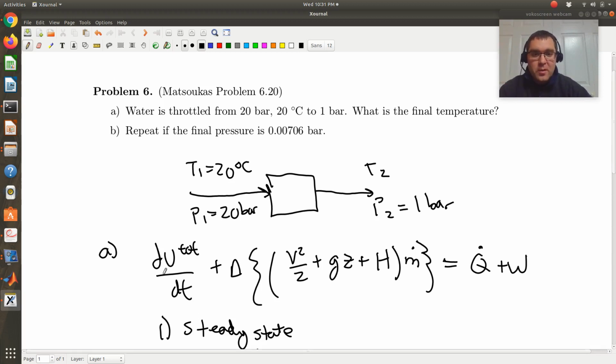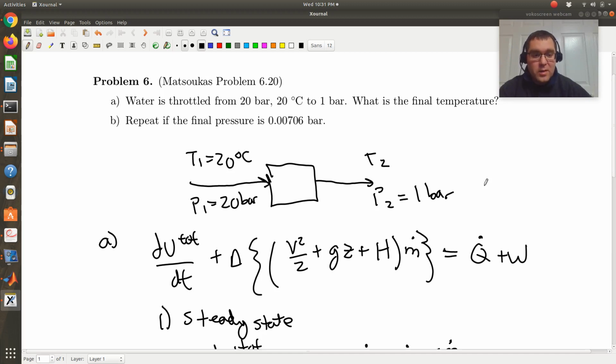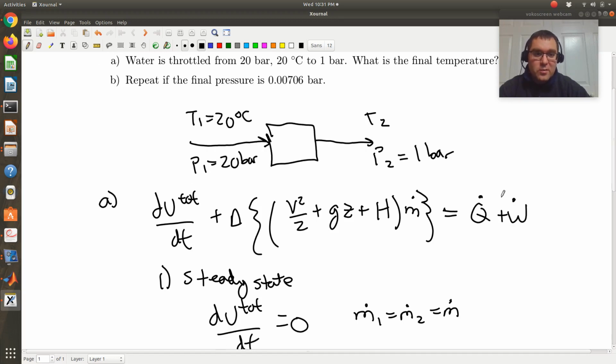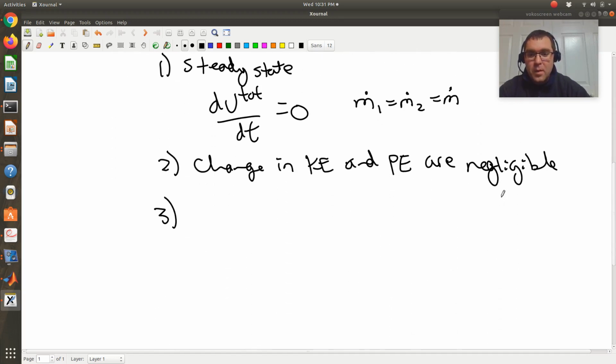So I'm going to assume that there's no shaft work present, that W dot is equal to 0. So one, there's no shaft work, no work being done on my system or by my system during this expansion.